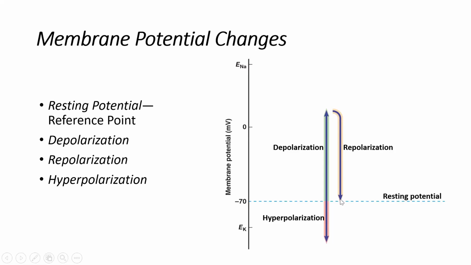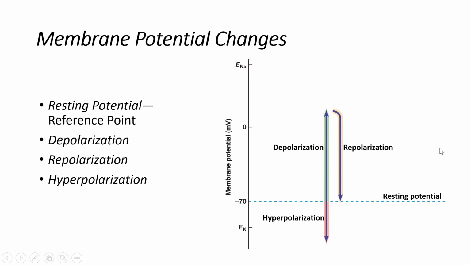And we also pointed out that potassium is likely moving here because potassium's electrochemical driving force is out of the cell. And because it's positively charged, this type of movement makes the membrane potential more negative. That is what gives us this downward stroke as potassium is trying to get closer to its equilibrium potential, which is on the far other end of the spectrum.